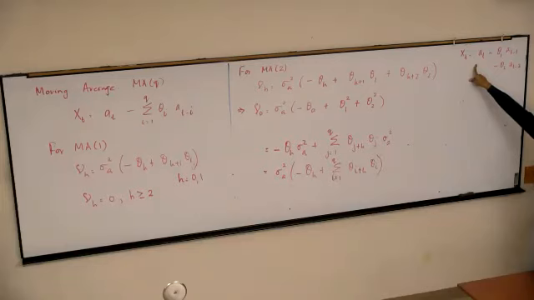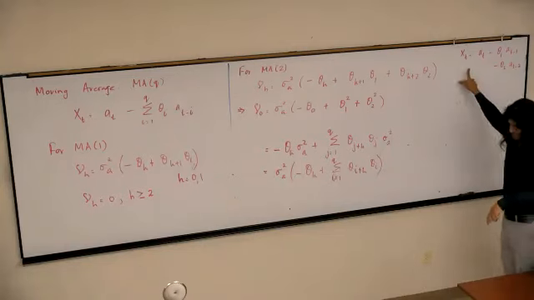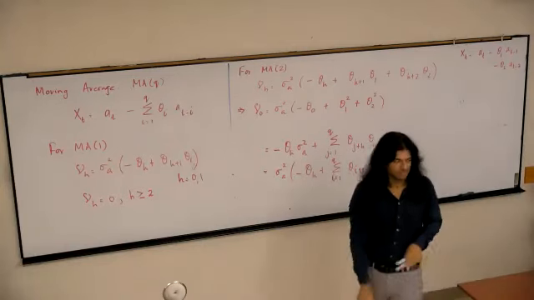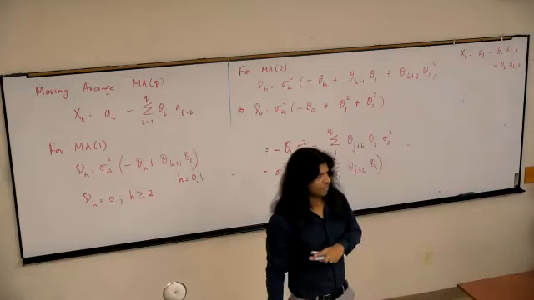And you may ask, well, why can't you simply change a positive coefficient to a negative coefficient? You can't, because a sub t has a mean of 0, correct?